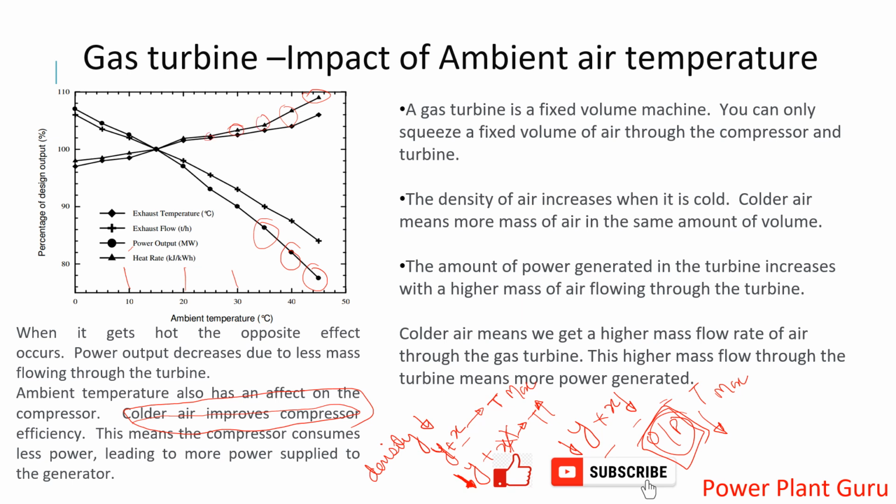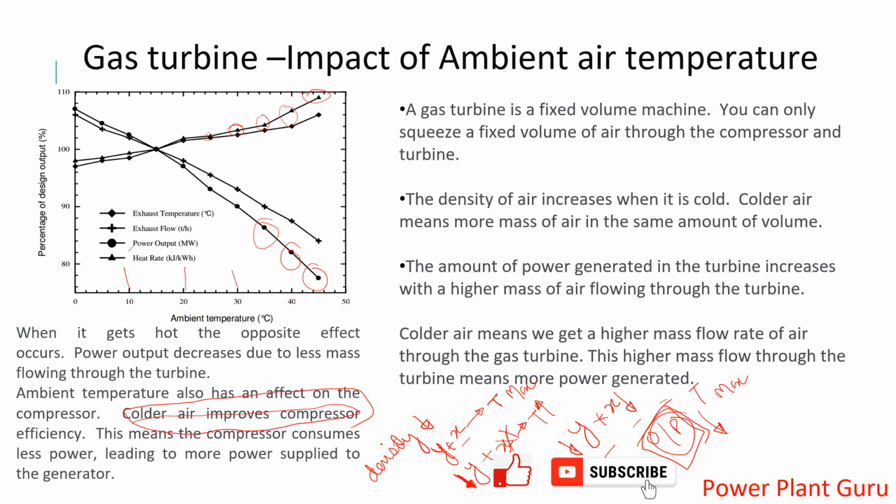So there are two factors: the heat rate is increasing, meaning turbine efficiency is decreasing, and the output is decreasing. I have explained why it is happening, but how much it will happen, for that you need to see your turbine manual and go to the correction curves.